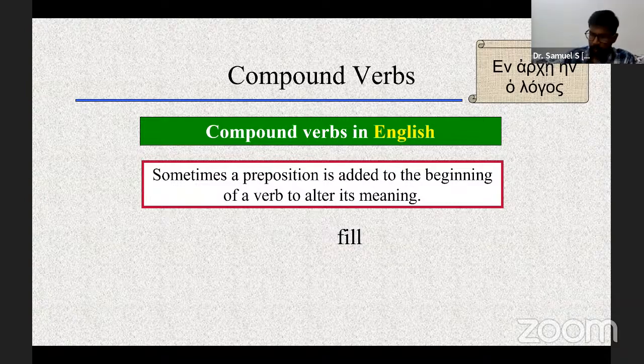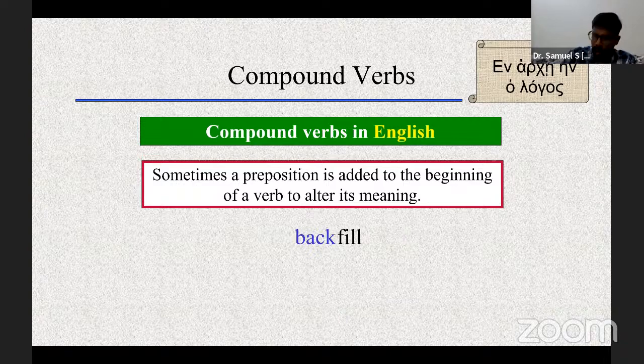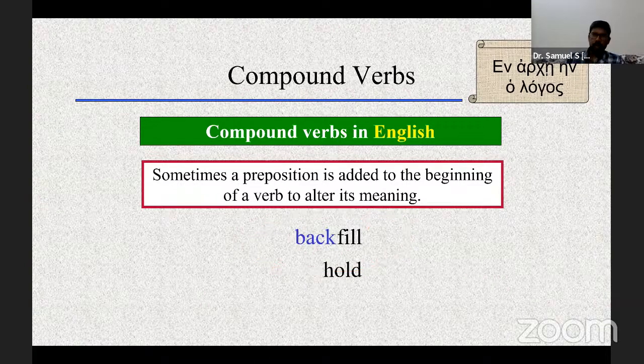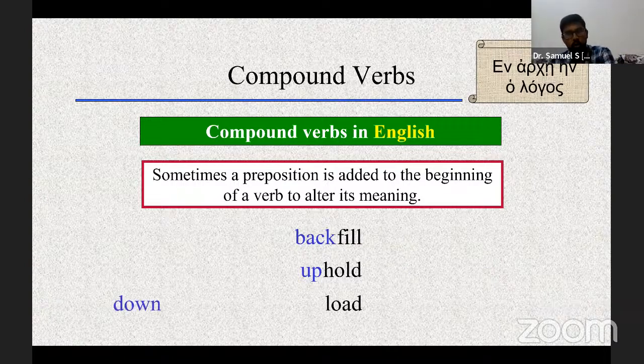But then we add this preposition back, and we have this new word called backfill in English. It's a compound verb. Another example. You have the verb hold. You add the preposition up, and now it's a new word. Uphold. Load, download.